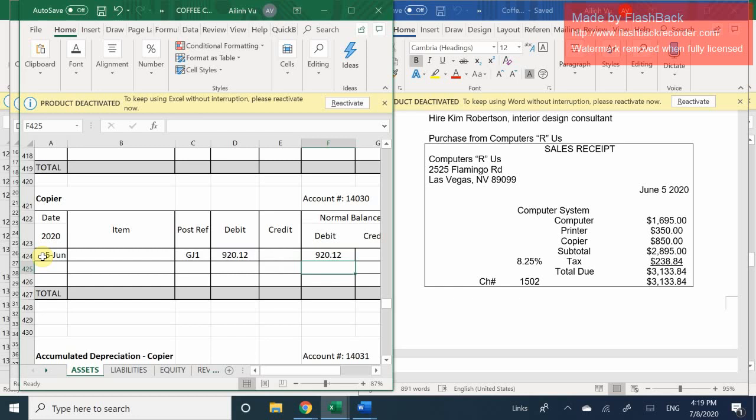You could do purchase. You could do whatever you want. I'm just going to not put purchase because I have no intentions of selling it. Oh, okay. So I left it blank.